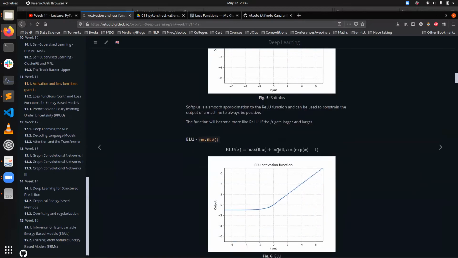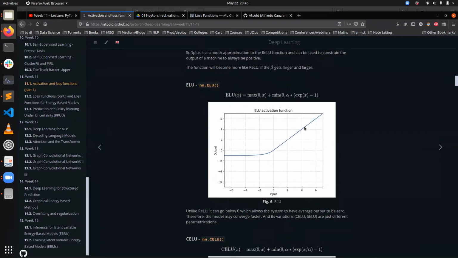Next is ELU. This is again a soft version of ReLU. It's just ReLU and we are adding a small quantity to make it a smooth function. This allows the unit to have negative values, and there is an advantage to that.